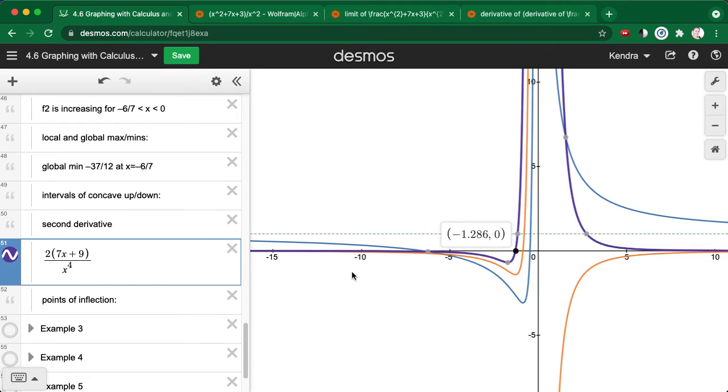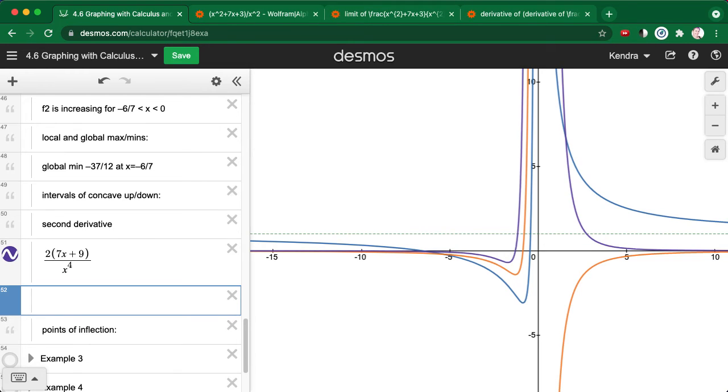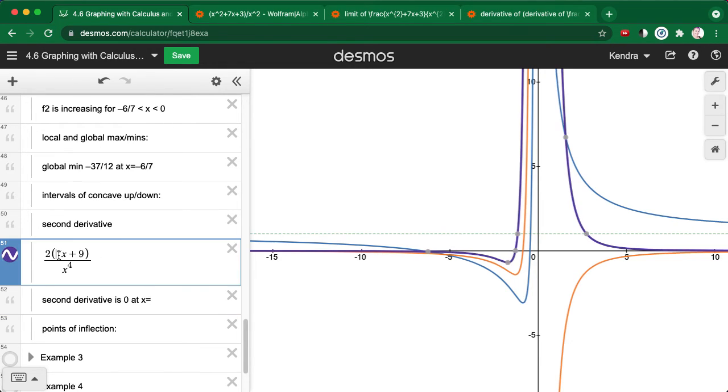So we only have one place where the second derivative is 0. Setting 7x plus 9 equal to 0, that would be x equals negative 9/7. So that would be our only point of inflection.